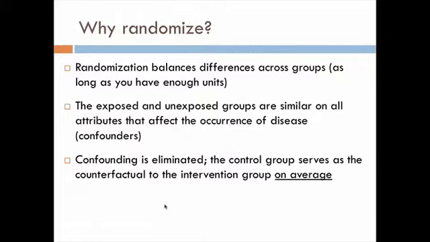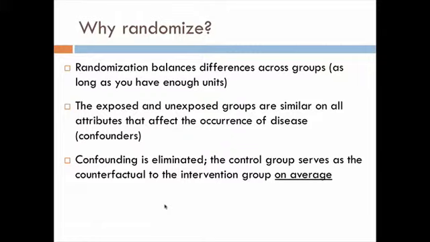It should be on average balanced. And so it balances all your known confounders, like all the things you would be concerned about. And the other cool thing is that it balances all your unknown confounders. Like, what if there's some third factor that you didn't even realize was going to screw up your study? Well, now, because of randomization of large numbers, it doesn't matter. You don't even know about it, but you can feel good that it's balanced across your exposed and your unexposed groups.